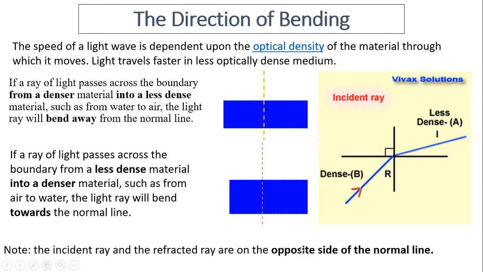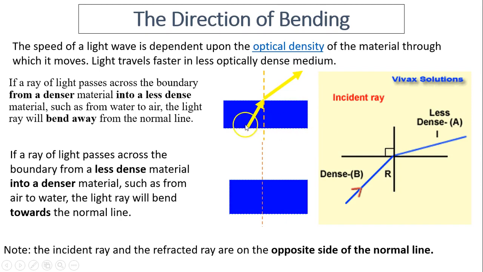Direction of bending. The speed of a light wave depends upon the optical density of the material through which it moves. Light travels faster in a less optically dense medium. So if a ray of light passes across the boundary from denser to less dense, it speeds up, and therefore it bends away from the normal.